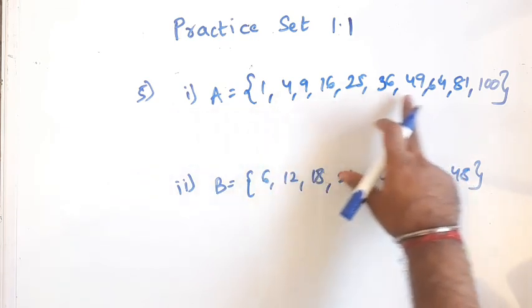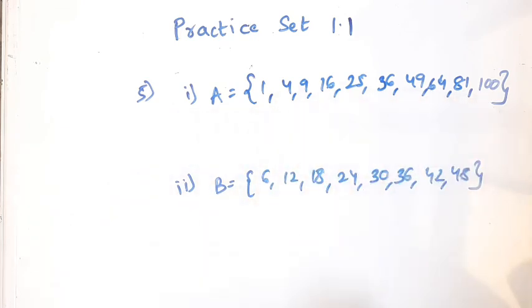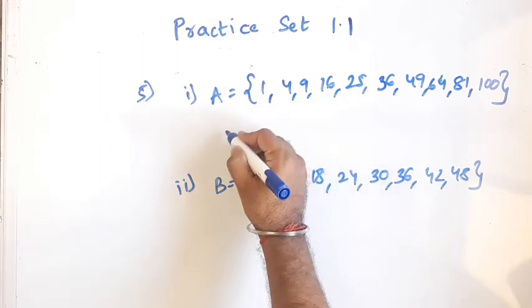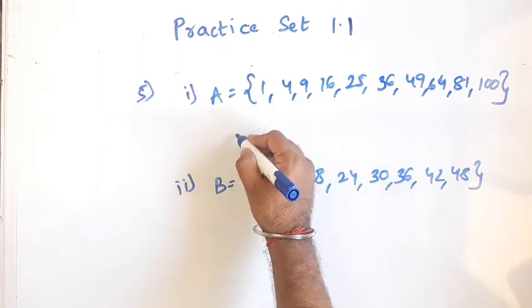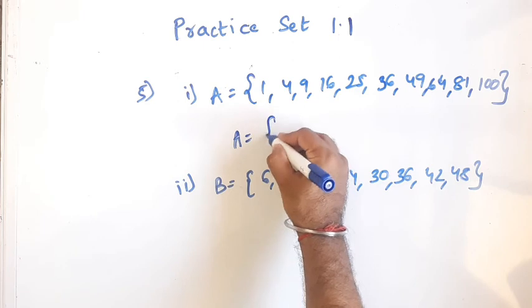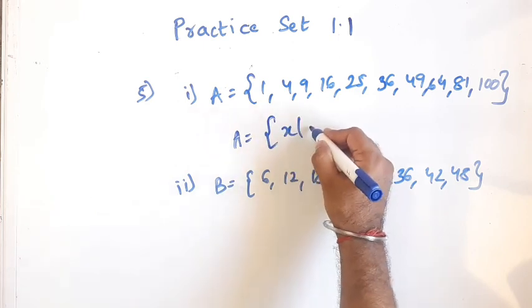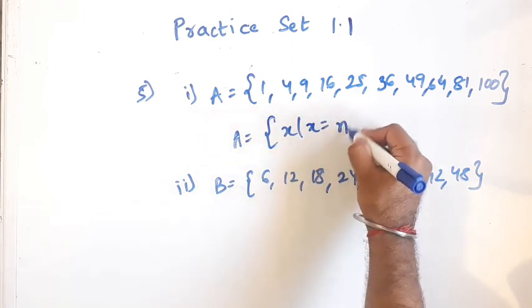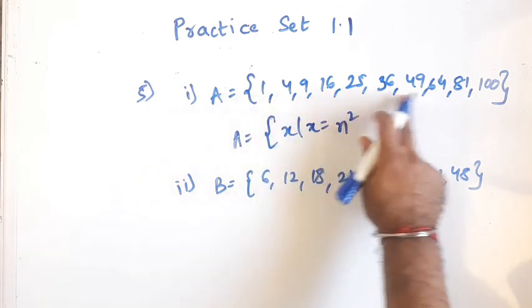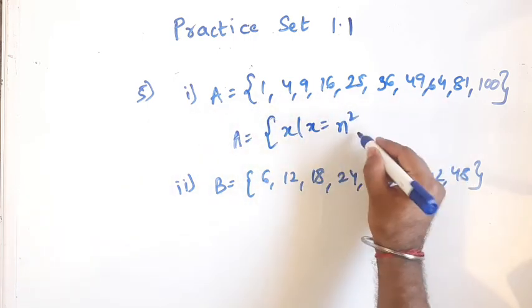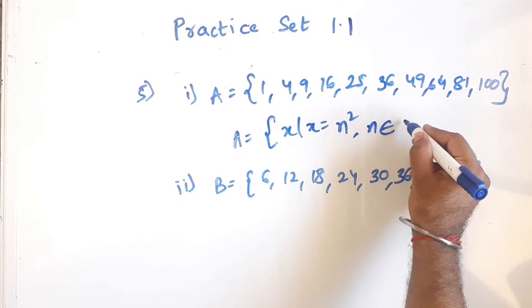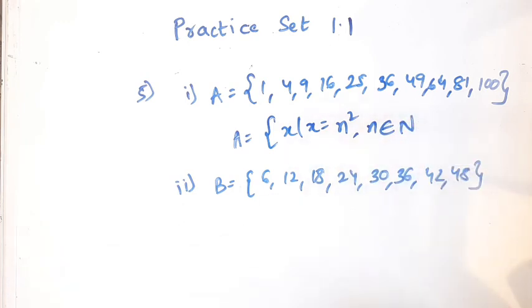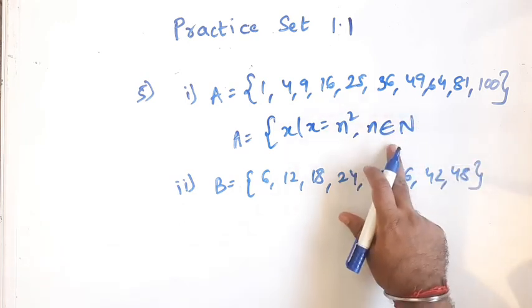They are perfect squares till 100. So if I want to represent them by a number, what I'll write is A equals to set of all x such that x equals to n square. These are all squares. And what is n? N belongs to natural number. Okay, n belongs to natural number.